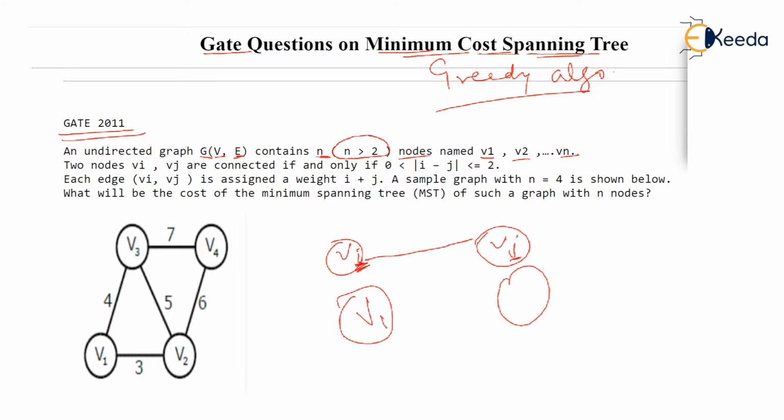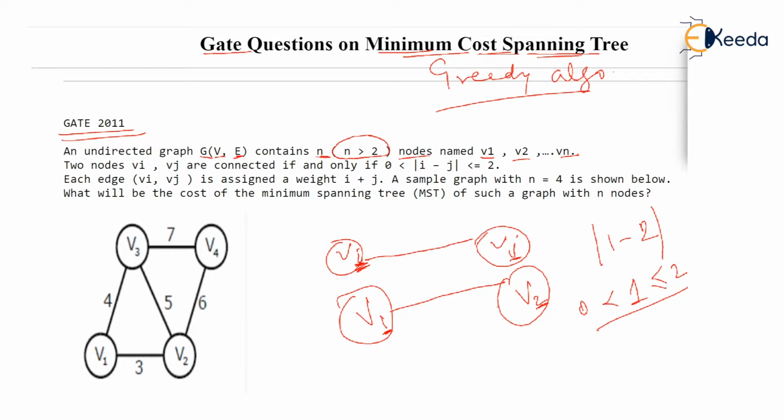Because 1 minus 2, observe the difference between their indices, the absolute value of 1 minus 2 is 1 and it is indeed between 0 and 2. Just check that the difference between the indices of the vertices should be between 0 and 2.